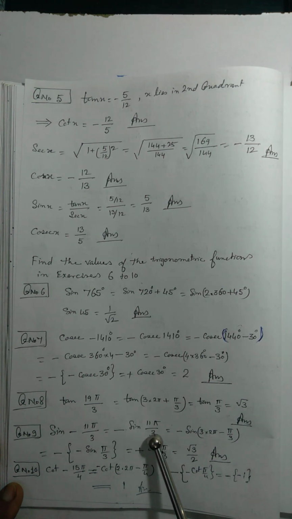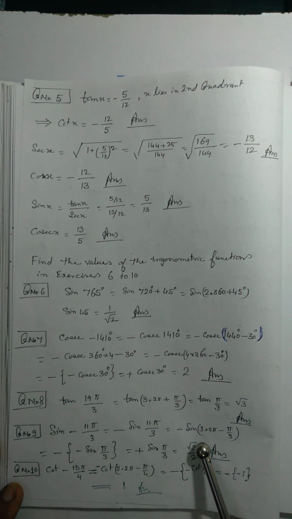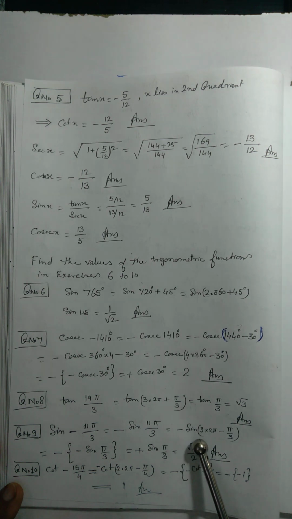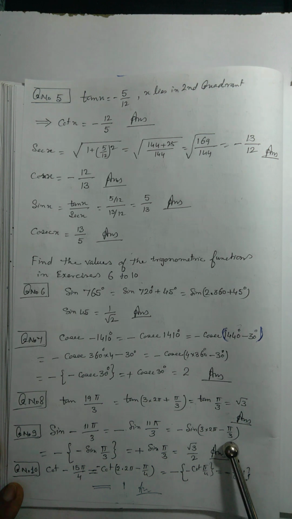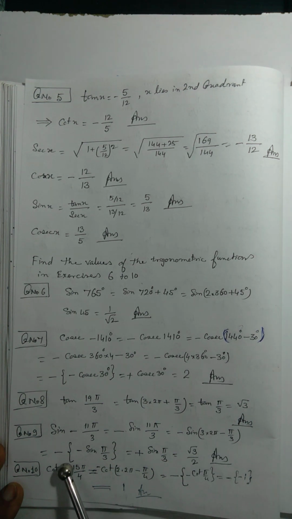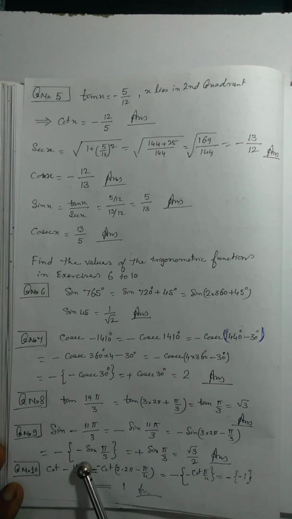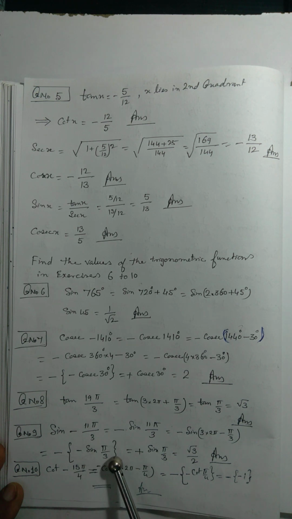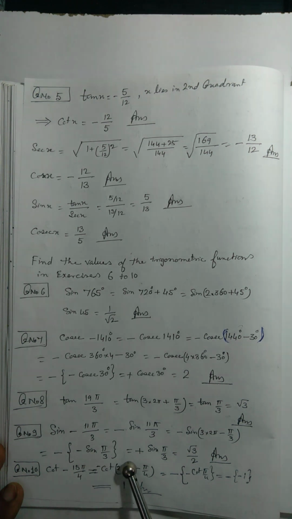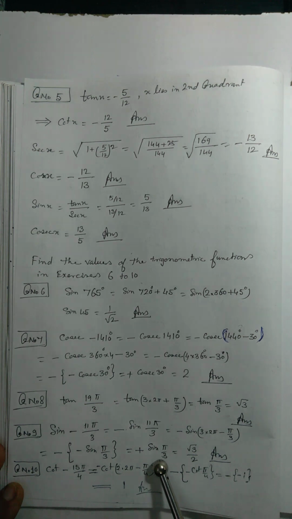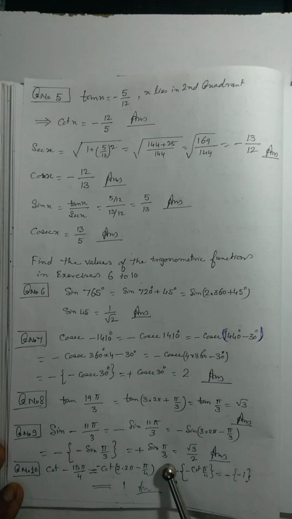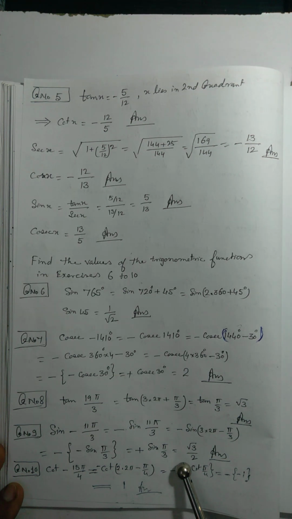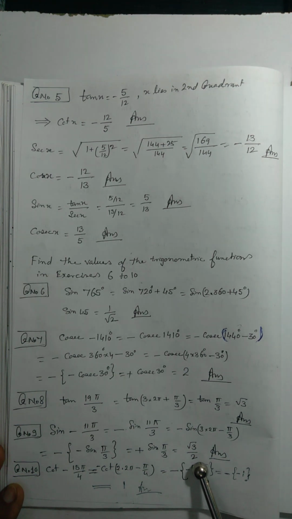This 11 pi by 3 can be written here, you see, sine 3 into 2 pi minus pi by 3. So you see the minus inside the bracket, minus sine pi by 3. So minus and minus will be multiplied, plus sine pi by 3, and it will be equal to root 3 by 2.